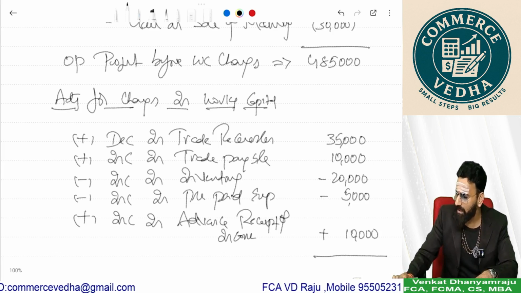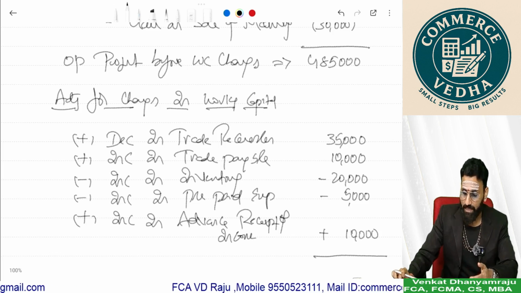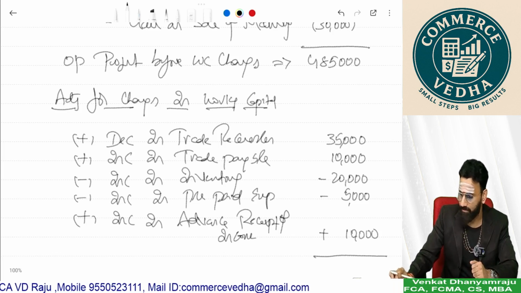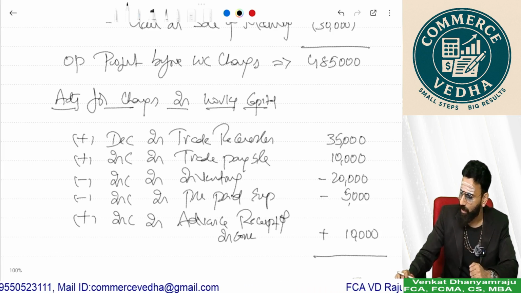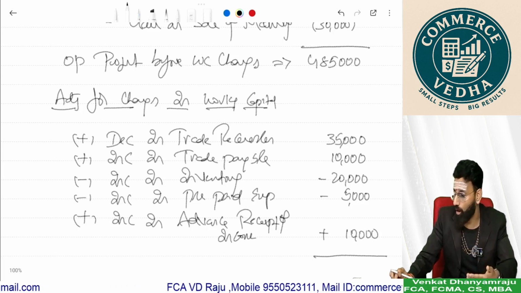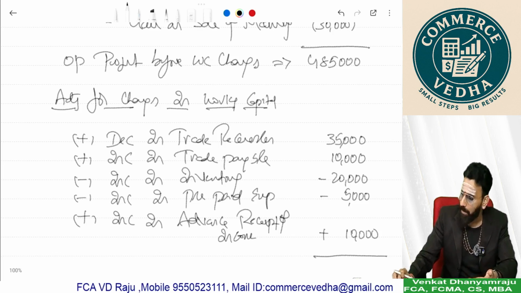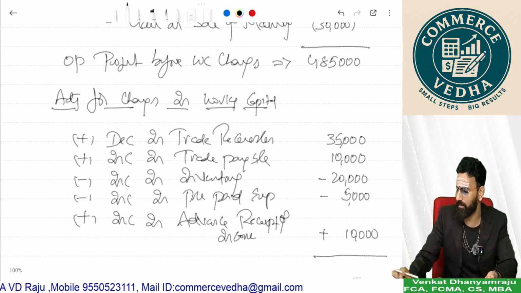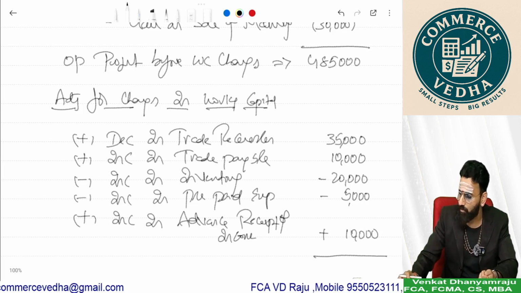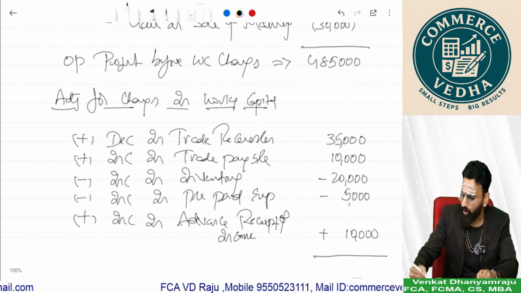I am adding 35,000 which is decrease in receivables, 10,000 which is increase in payables, and I'm deducting 20,000 towards increase in inventory, working capital block, cash flow, and increase in prepaid expenses, and increase in advance income which is more received.